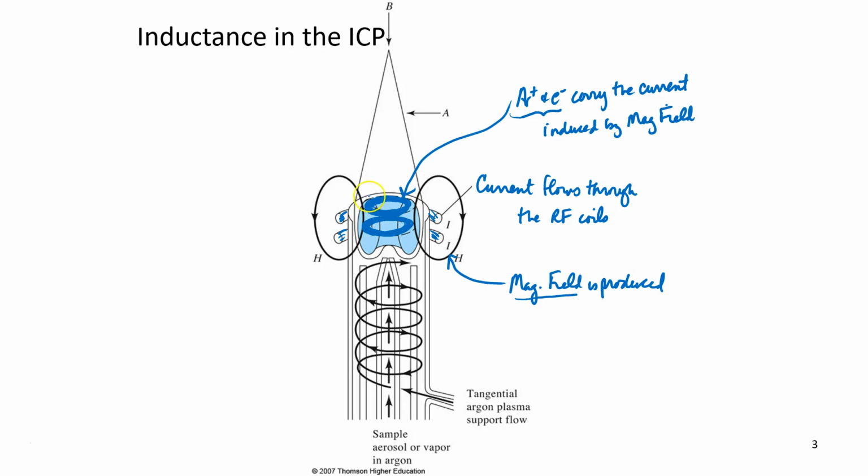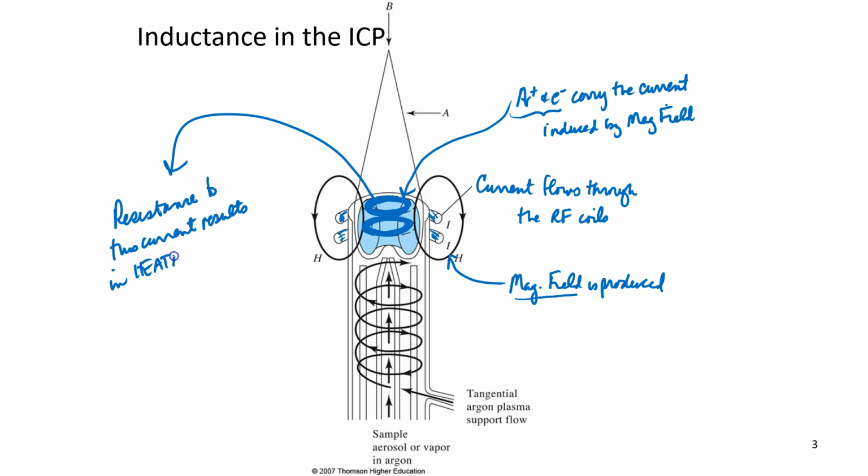Probably not. So the resistance to this current, and I mean this current here that's being carried by the argon ions and electrons, the resistance to that current results in heating of the plasma.